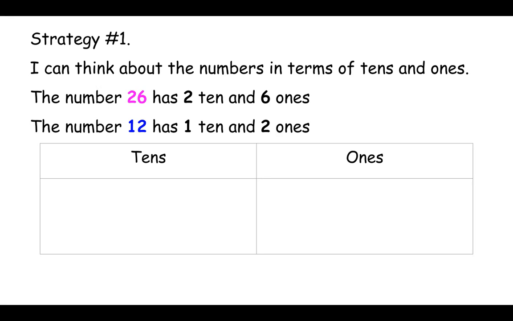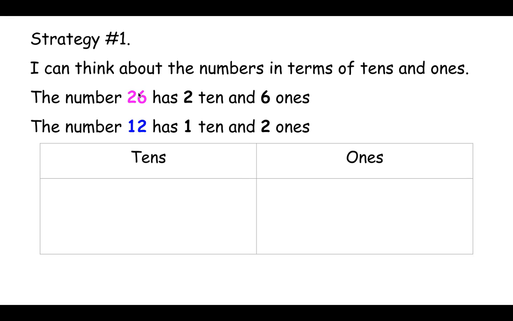So one way that we can solve this problem is by using a tens and ones chart, which we have experience in doing. Again, we said that 26 has 2 tens and 6 ones, and 12 has 1 ten and 2 ones.